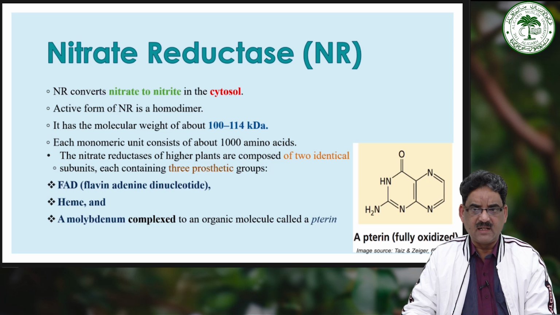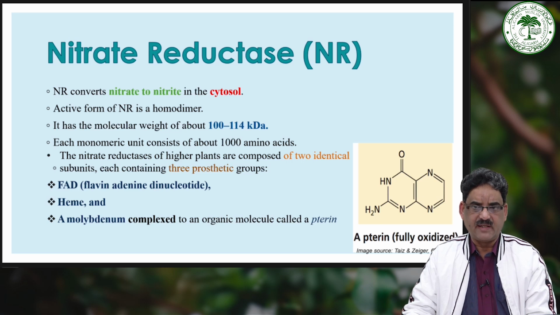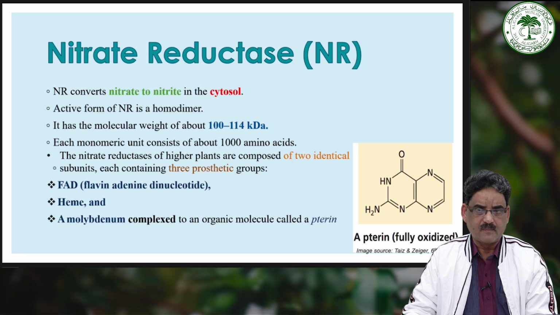Land plants and algae primarily utilize NADH, while fungi utilize NADPH for this purpose. However, certain forms of NR in land plants and algae have the flexibility to use either NADH or NADPH. This reduction reaction takes place in the cytosol of the cell.